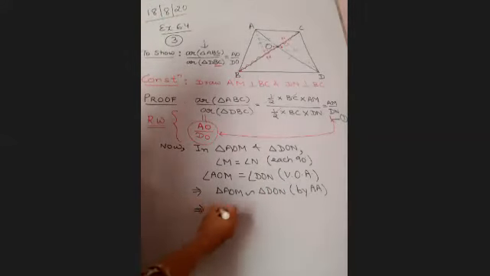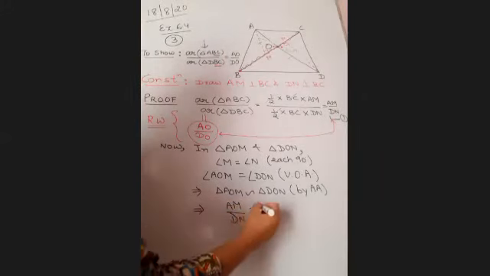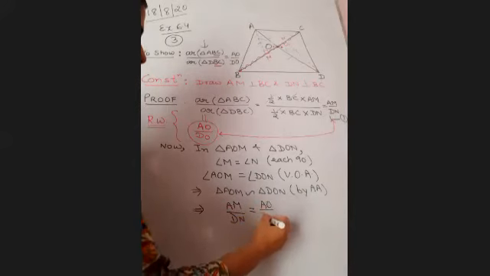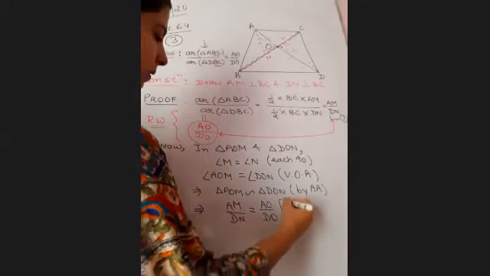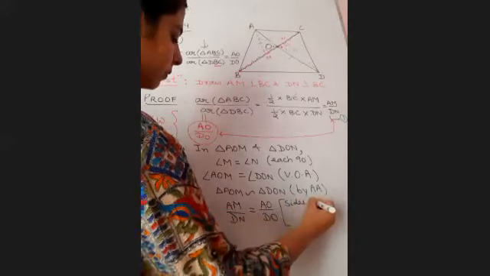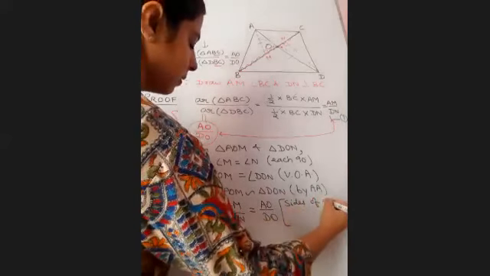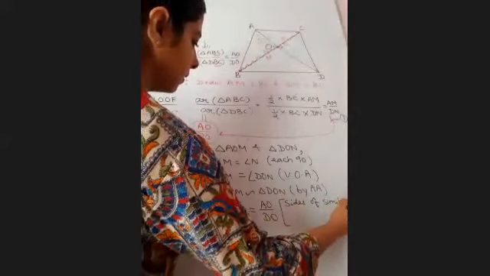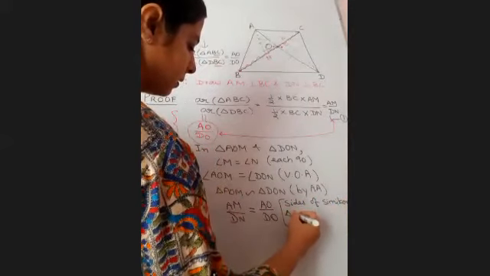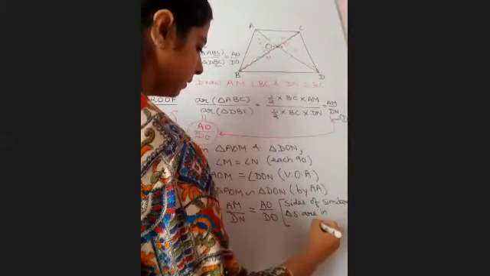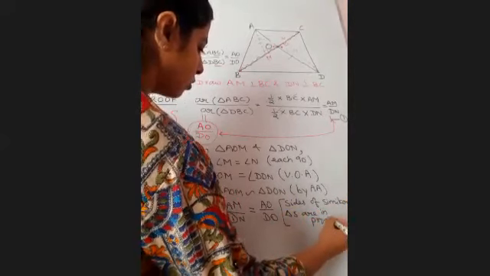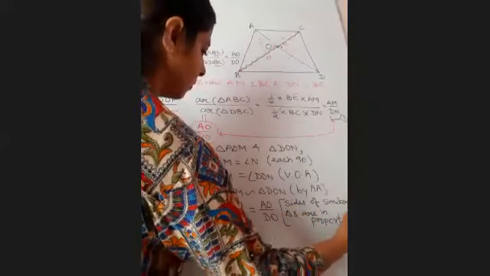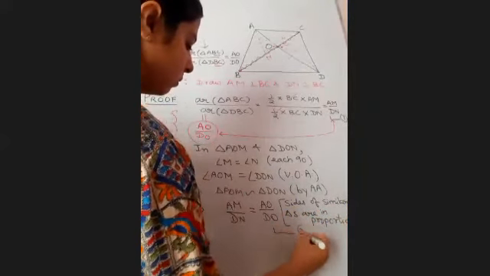And this further gives me that AM upon DN is equal to AO upon DO, as sides of similar triangles are in proportion. Call it 2.